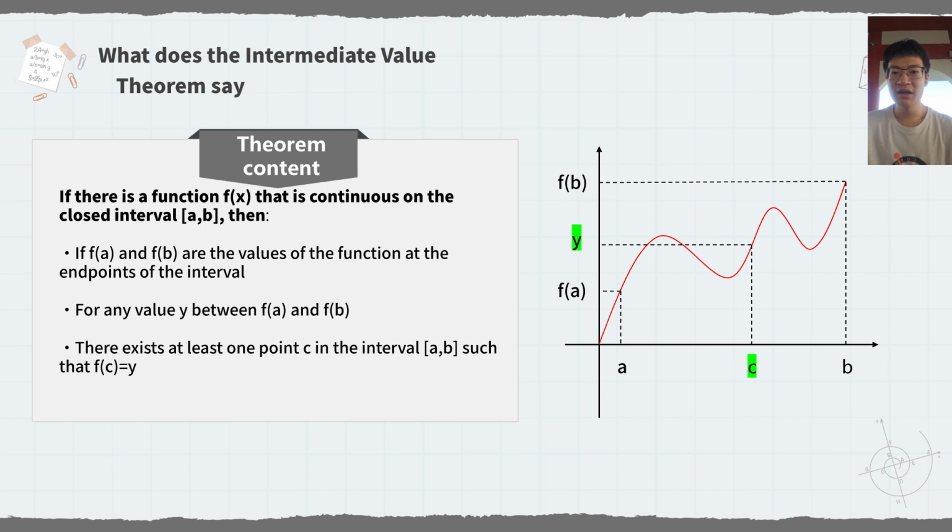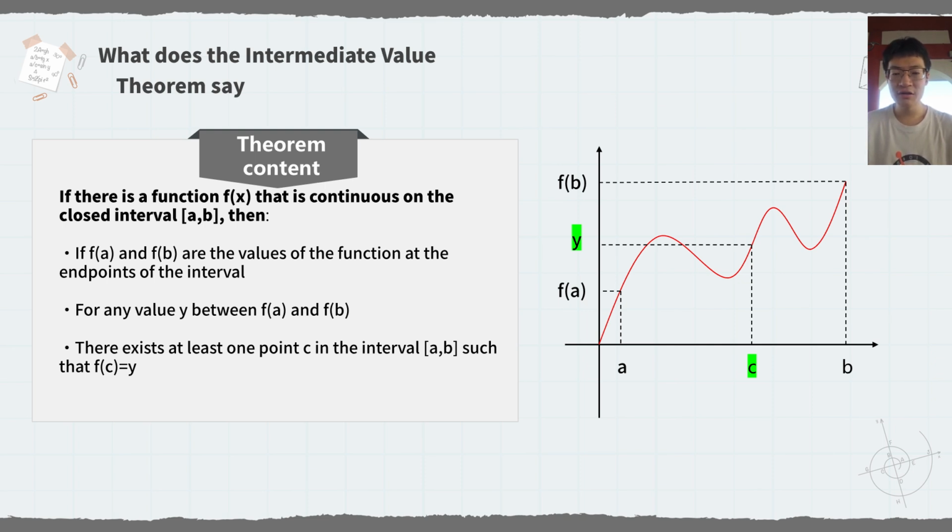We randomly select 2 points on the curve with the horizontal coordinates A and B. Then we can definitely find a point C in the closed interval from A to B, such that the function value corresponding to C, so we just call it y, is greater than f(A) and less than f(B).